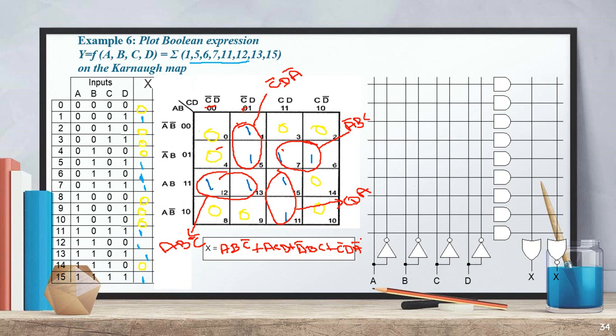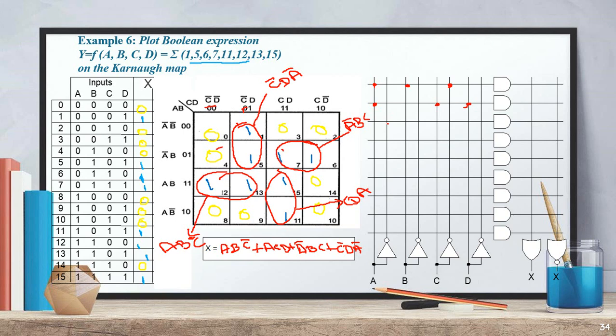From this we can draw the logic diagram. First take ABC bar. So A is here, B is here, and C bar is here. Next, ACD, all uncomplemented. So here is A, this one is C, and this one is D. And then A bar BC.